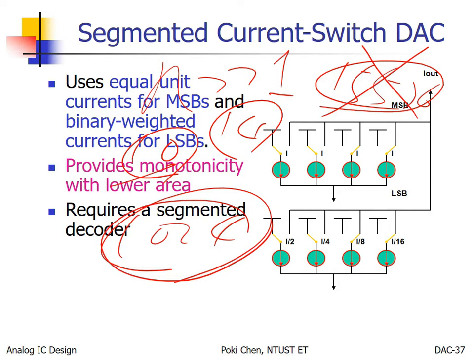How can you ensure they will all provide exactly the same current for output? No, sorry. During implementation, you need to try your very best to make the output current about the same. I cannot say exactly the same. No way. That is only in idea. In practice, nothing is perfect.